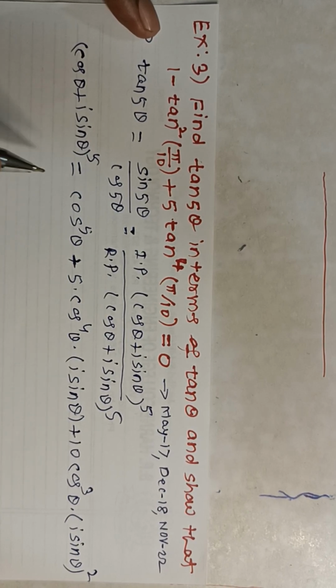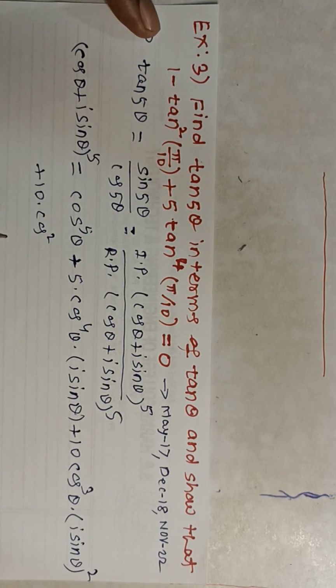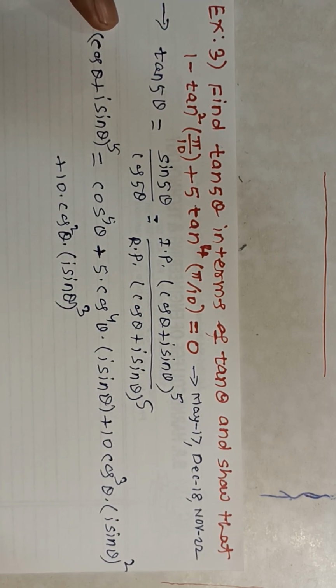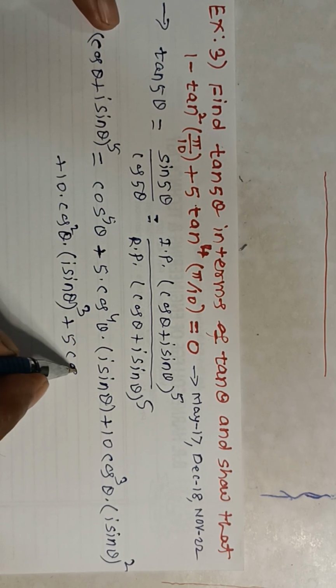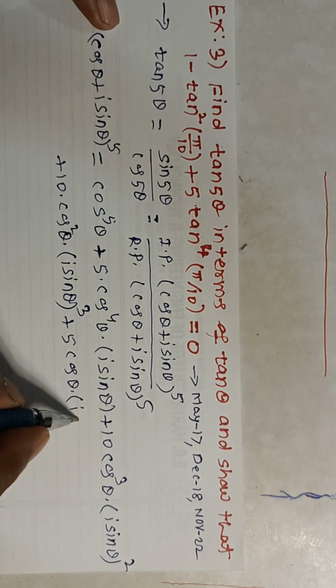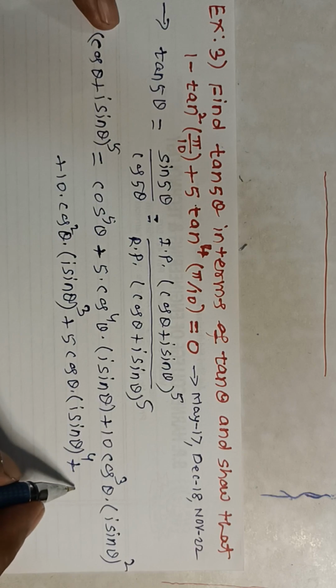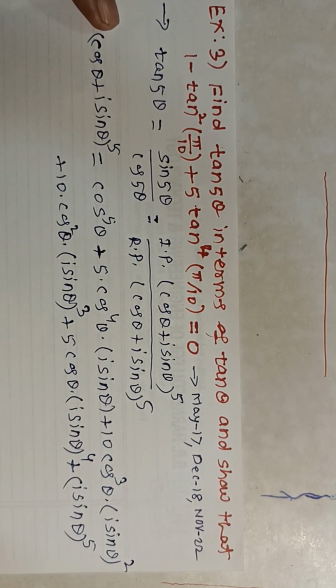Next term, 1, 5, 10, 10, 5, 1, plus 10 times cos square theta into (i sin theta) to the power 3, then plus 5 cos theta into (i sin theta) to the power 4, plus (i sin theta) to the power 5.